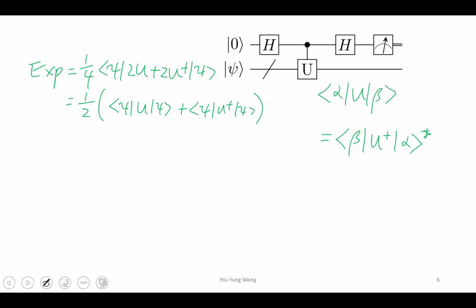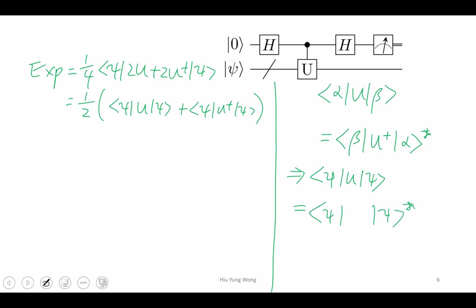So we have psi u psi, where alpha equals beta. So even if I swap, you don't see it, and I have star, u dagger. Do you see that? Yeah. Okay.